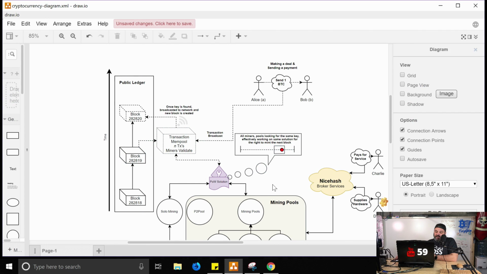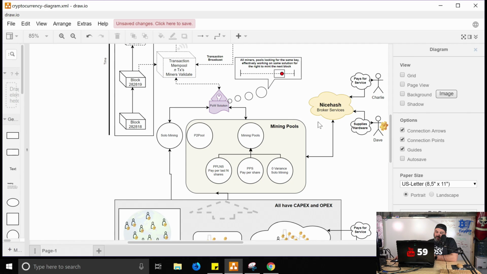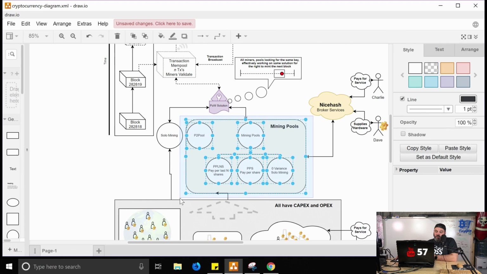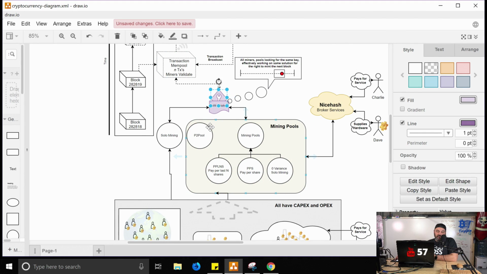You have those kinds of activities because we've created a layer here to centralize hash power to have a better chance to get a proportional amount of all the block rewards, essentially.